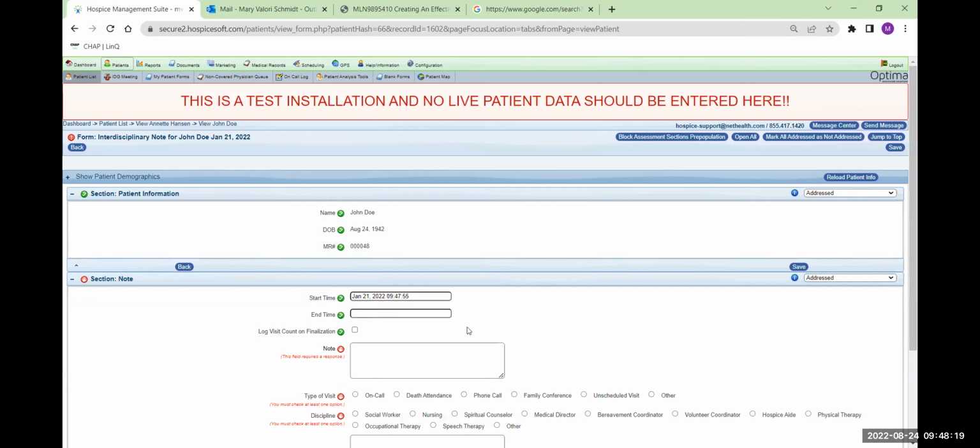And the note should be just like I said. If it's an admission, you can take your admission summary. Same if it's a recert, take your recert summary and paste it in there.